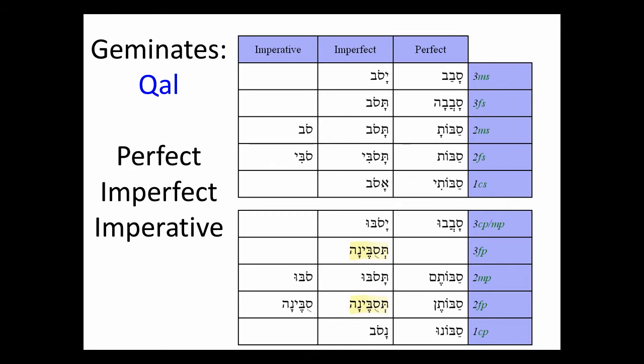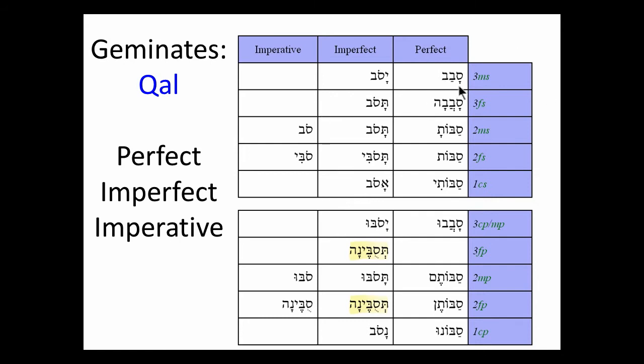And in the perfect, you're going to have a lot of help with geminates, because the key to identifying a geminate lemma is that the second and third consonant are the same. They're duplicated. And if you look at the perfect carefully, in all of the persons and numbers, you have a very clear indication that the second and third consonant are doubled. So in other words, in the perfect, you should be able to spot the lemma immediately.